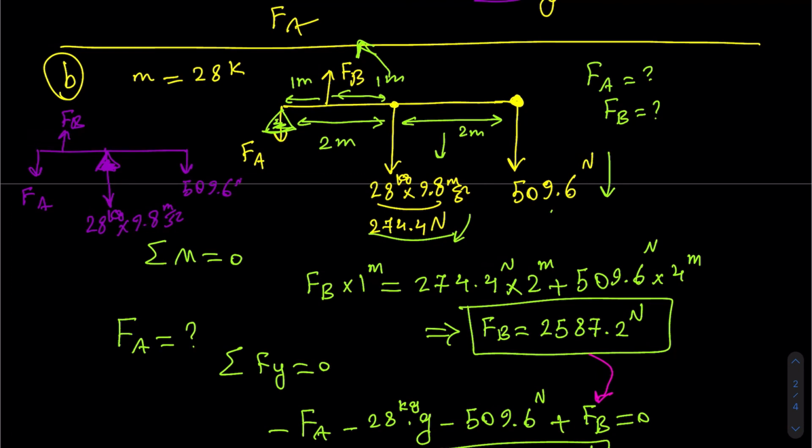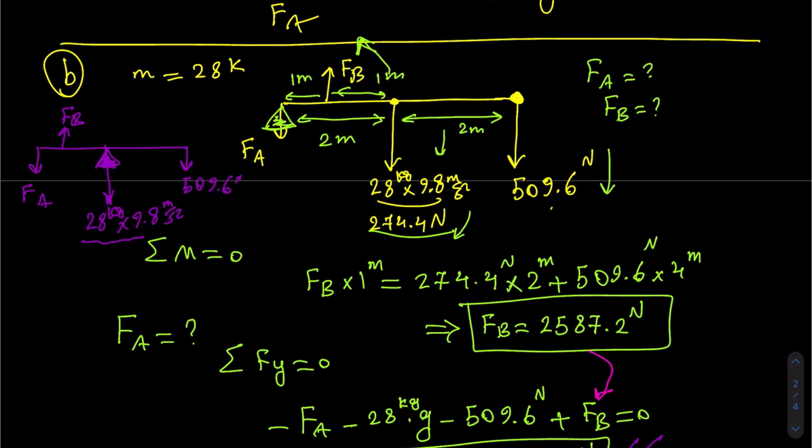So this weight of the beam will be cancelled out because it does not make any turning effect with respect to itself. Therefore we can use the second condition of equilibrium, and we will get the same answer. The answers will be the same in that case. Okay, thanks for watching this video.